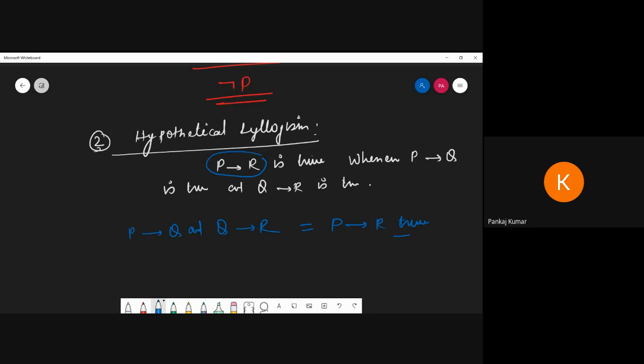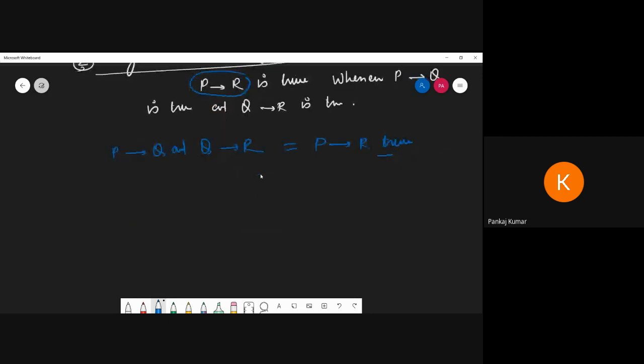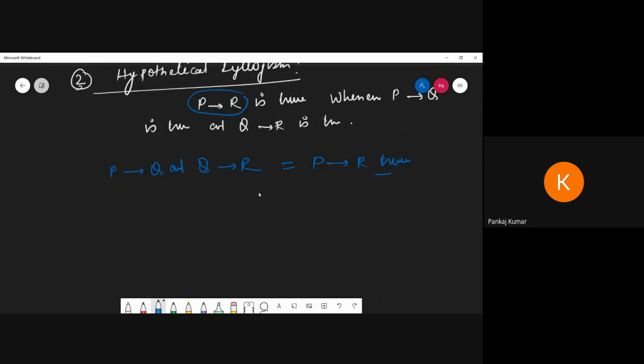So what are disjunctive rules? Disjunctions I'm talking about. So we can consider disjunctive syllogism. Okay, so what is this one?